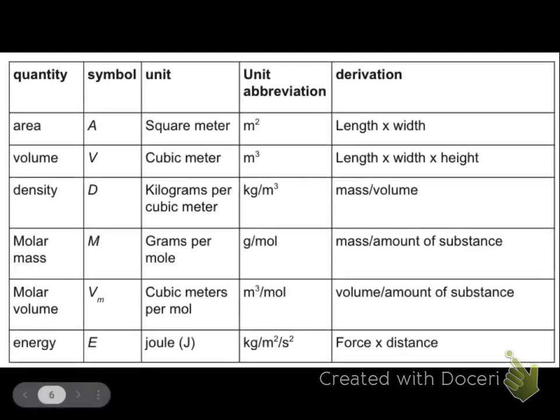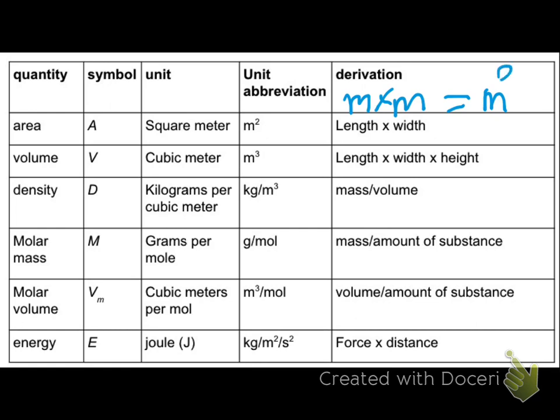For example, the quantity area is a combination of length and width units. So we are going to derive our unit from the equation. We have length, which we know will be measured in meters, and width, which is another length, which will be measured in meters. So when we take meters times meters, we come out with meters squared, which, as you can see, is our derived unit.